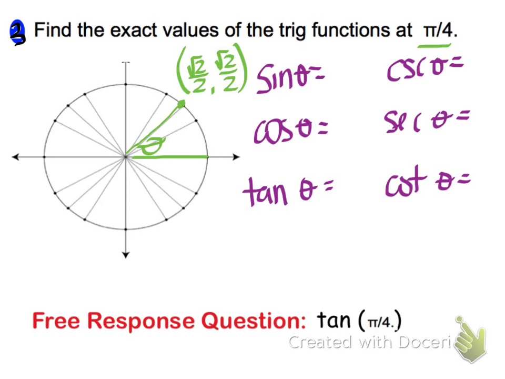So just to start you off, remember sine is the y value, cosine is our x value, tangent is y over x. We're going to have root 2 over 2 over root 2 over 2. And you'll see these are all the same thing, so this quickly equals 1.